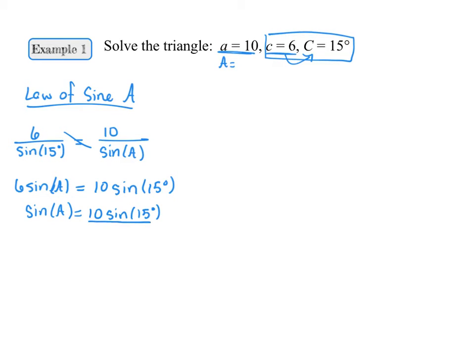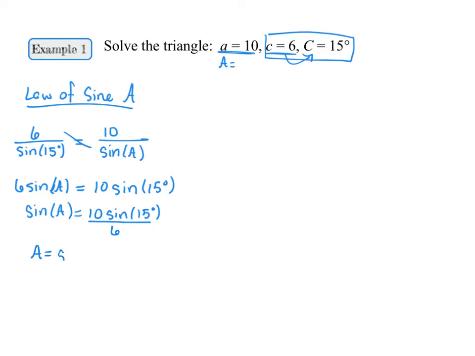over 6. Okay, now here I am where I have the sine of an angle is equal to some numerical value, which is 10 times the sine of 15 over 6, and I need to solve for A. To solve for A, I'm going to use a sine inverse. Again, you can't divide by sine.